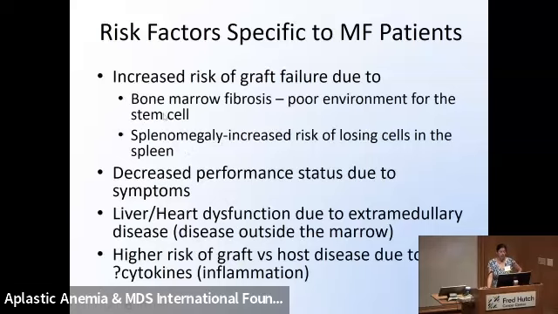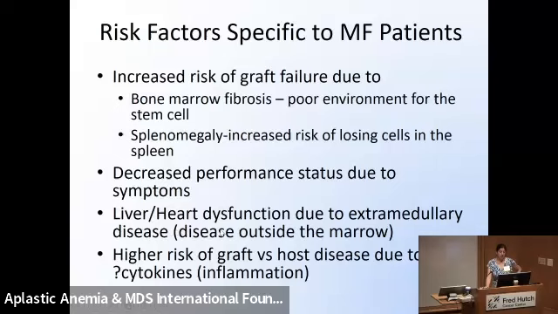You also have many patients that have a big spleen. And so you can lose some of these cells to the spleen. When we give the cells, we want them to go into the bone marrow. And if they land in the spleen, we don't have enough cells to engraft the marrow. The symptoms can create the decreased performance status, which is, I think, what Dr. Halpern talked a little bit about.